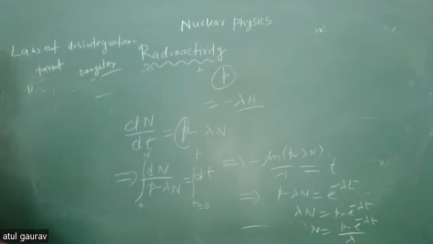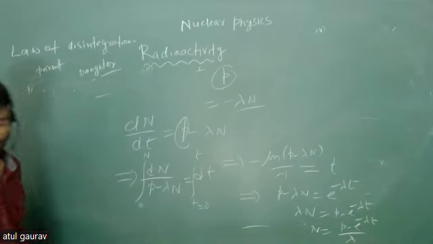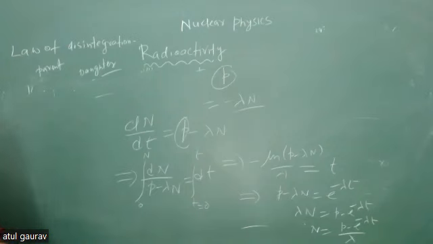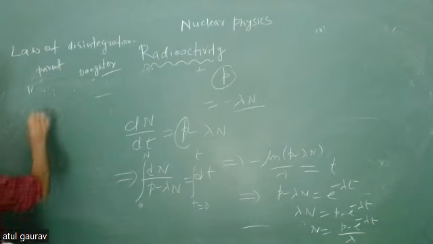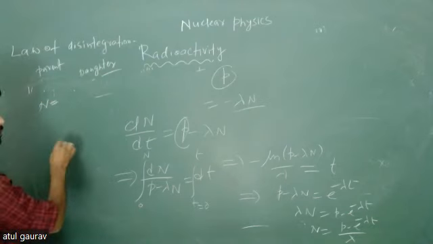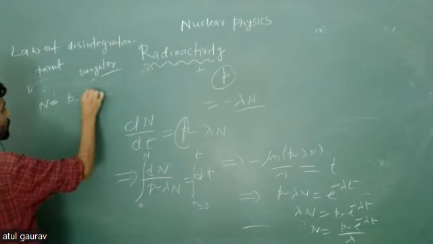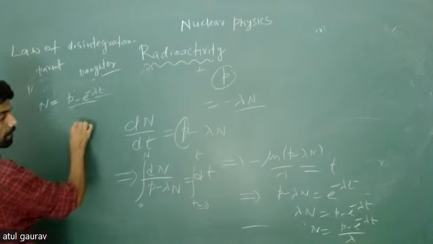Is it clear? Yes. Sir, what is the last line written on the blackboard? n will be how much? P minus exponential minus lambda t, by lambda.